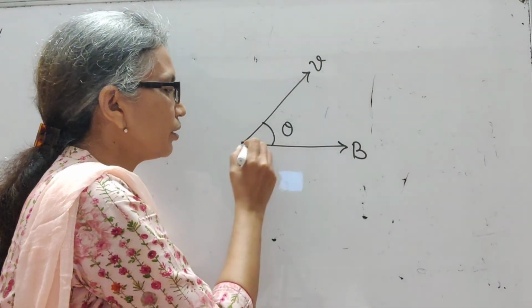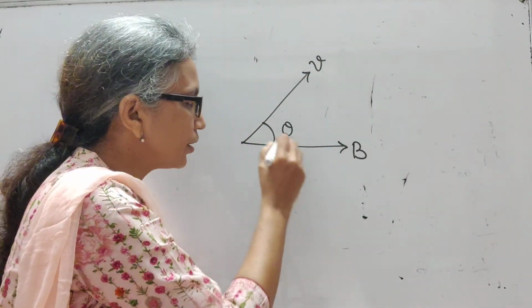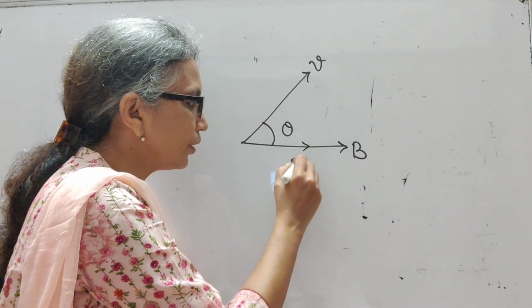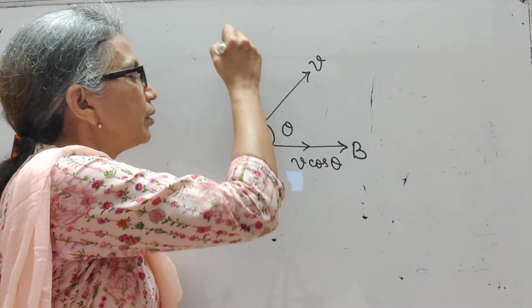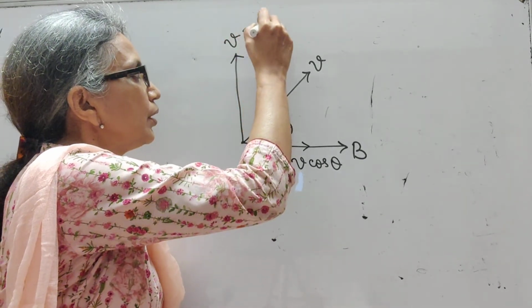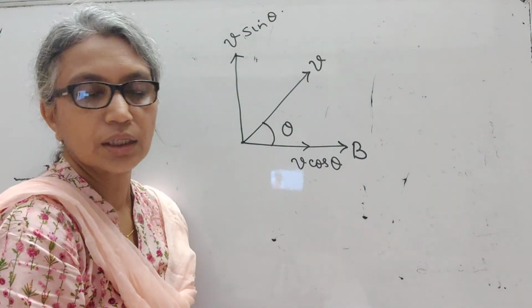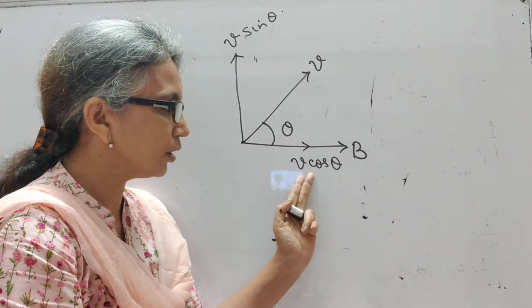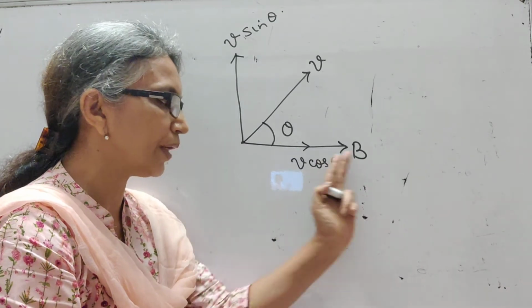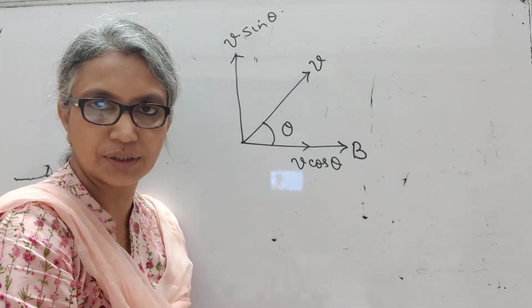Now this V I can resolve into two components. This is the adjacent component, V cos theta, and there is another component, the perpendicular component, that is V sin theta, right? Now you will see the component V cos theta and B are parallel to each other, which is the first case that we discussed.